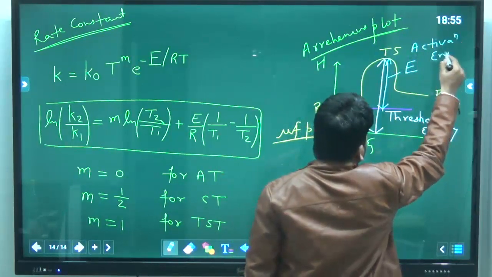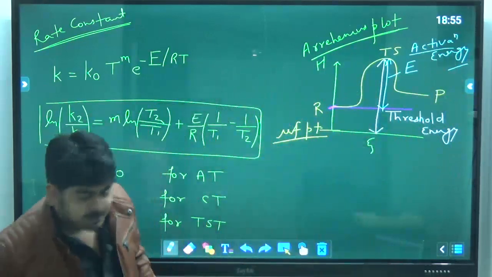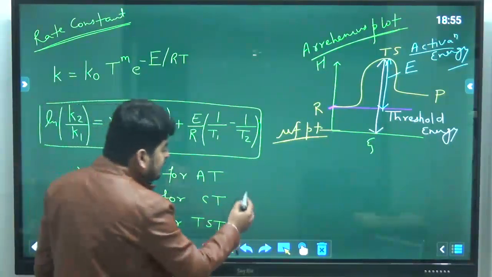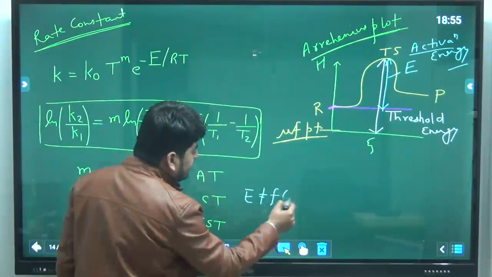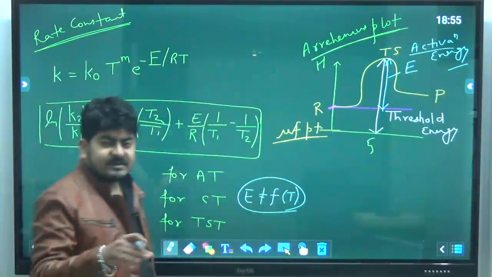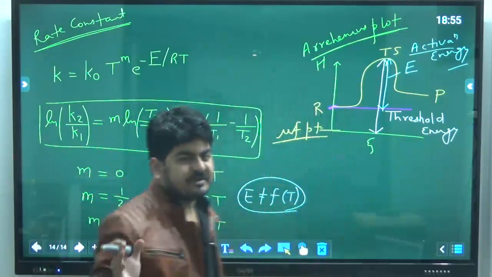In all these three theories, Arrhenius theory, collision theory and transition state theory, there is one common assumption: that activation energy is independent of temperature. Whatever activation energy is there, it is not changing with temperature.